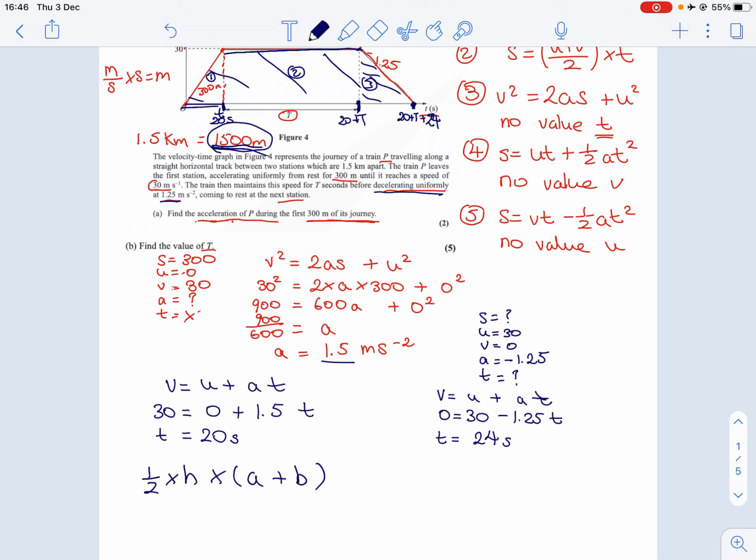Our bottom length is going to be 20 plus t plus 24, and our height is 30. So we can substitute our values.